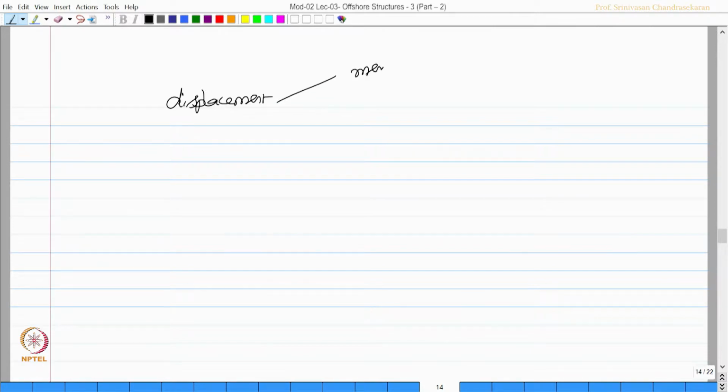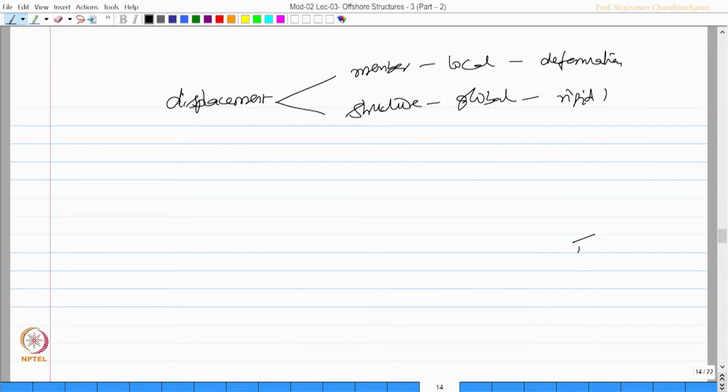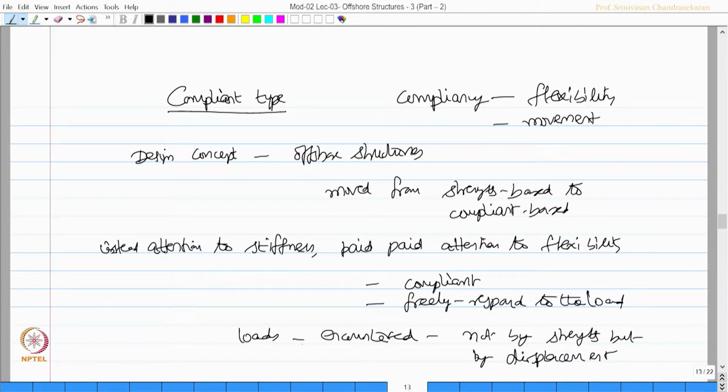Which happens at the member level, which happens at the structure level. So, this is global, this is local. This is otherwise called deformation, this is otherwise called rigid body motion. So, compliant structures are designed to have large rigid body motion. So, the strength is replaced by deformation characteristics.